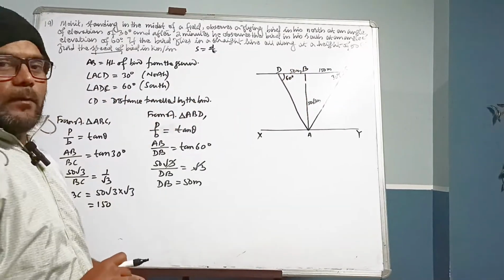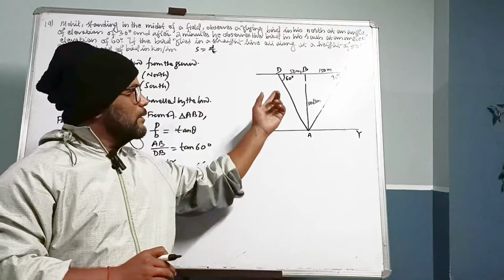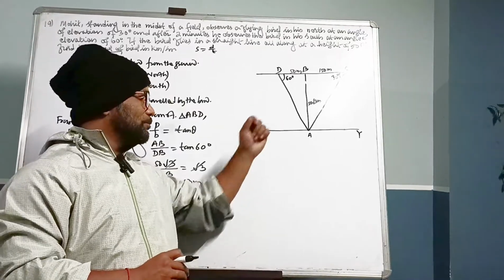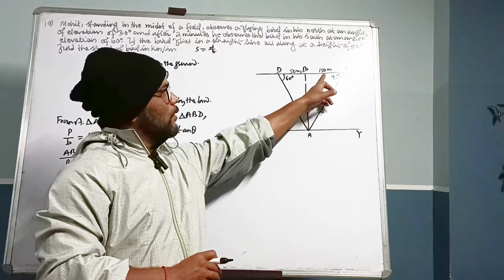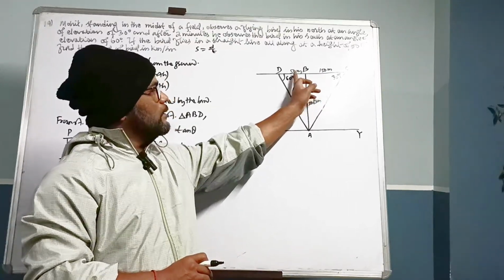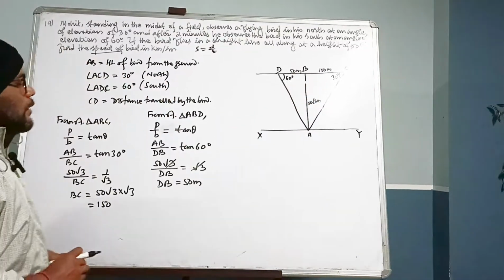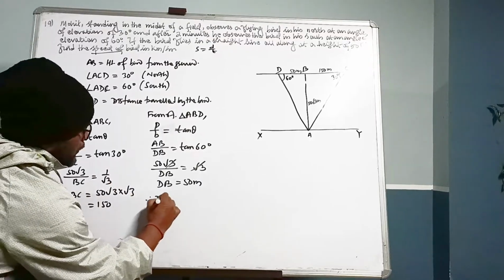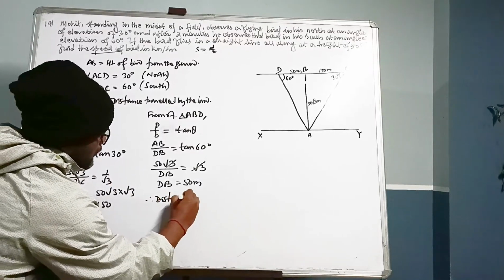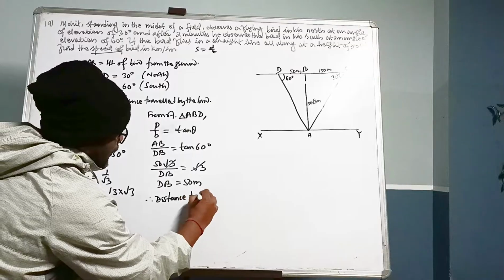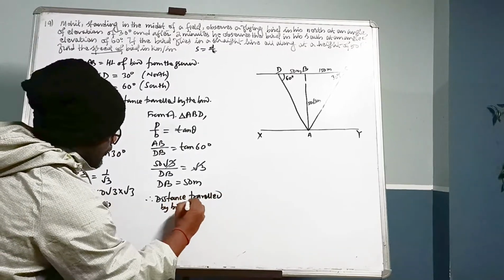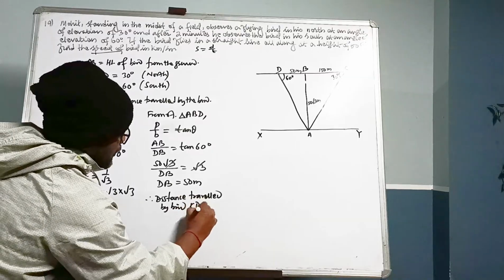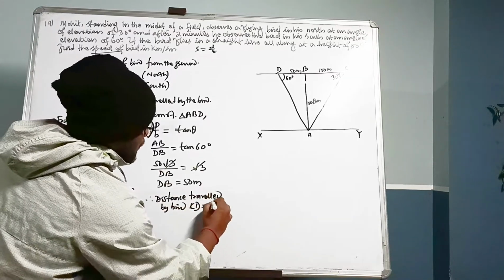Okay, now from the diagram only you can see that the total distance traveled by the bird will become 150 plus 50, which is equals to 200. So therefore, distance traveled by bird, which is CD, equals to how much?